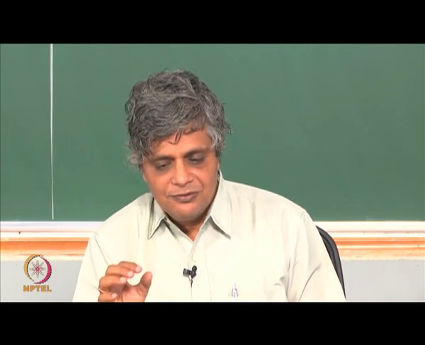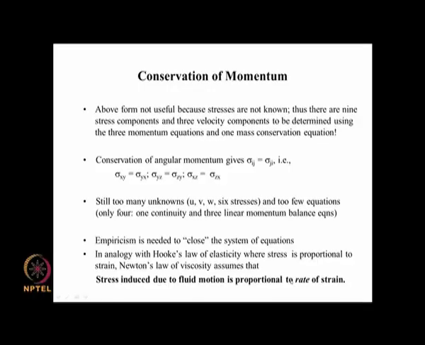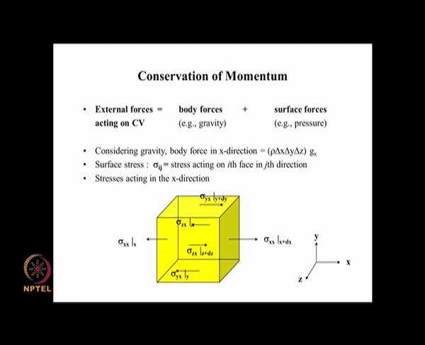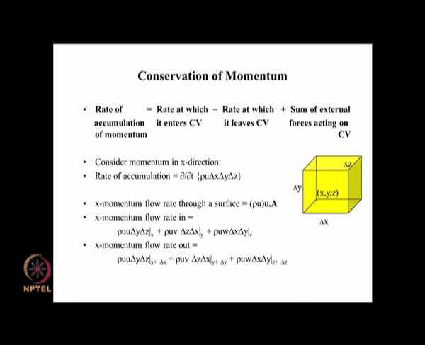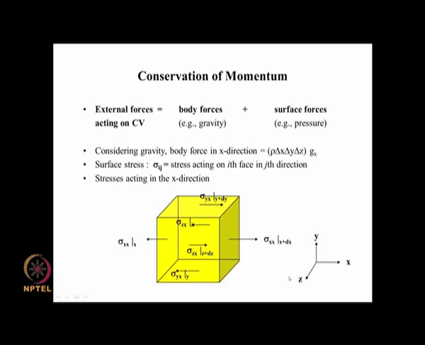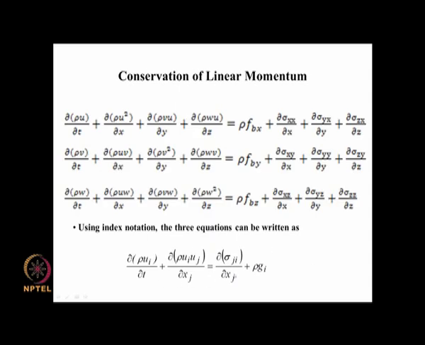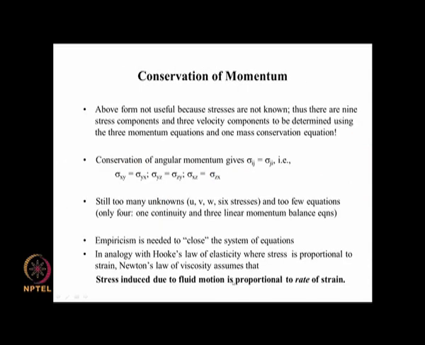What we have done in this short lecture is to pose the conservation of linear momentum in verbal statement, and we have worked out what each of those terms are, and based on these terms we have been able to come up with a conservation of linear momentum principle, but we find that it is not sufficient, and we therefore pose the angular momentum principle, and we have reduced the number of unknowns, but we still do not have enough.